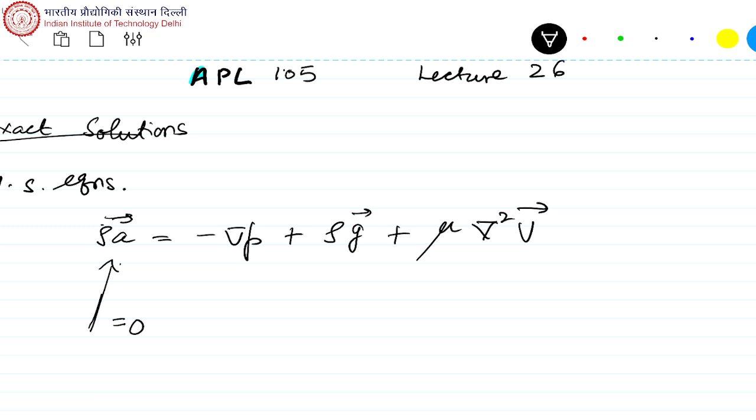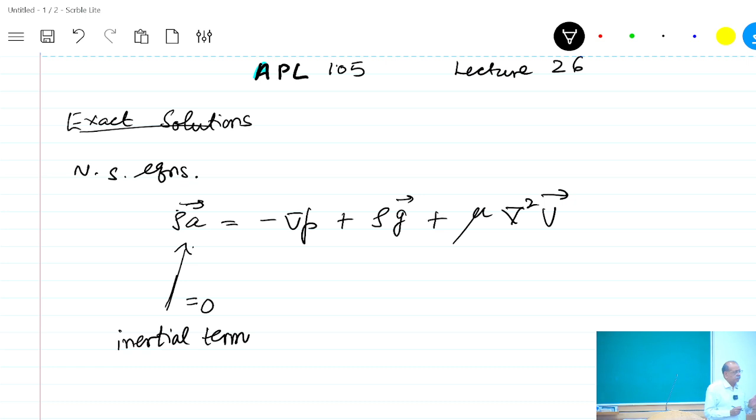Now this left hand side is what we call the inertial term. Now in some of the problems, while you may be given this approximation that the inertial term is 0, or you may be given that the acceleration of the particles is 0. So there, without thinking, you will put the whole of the left hand side of the Navier-Stokes equation as 0.